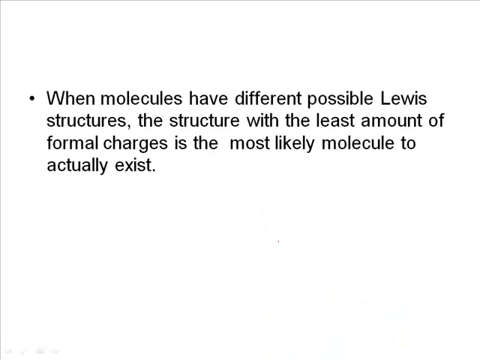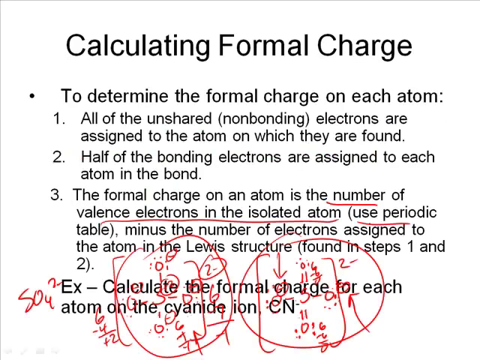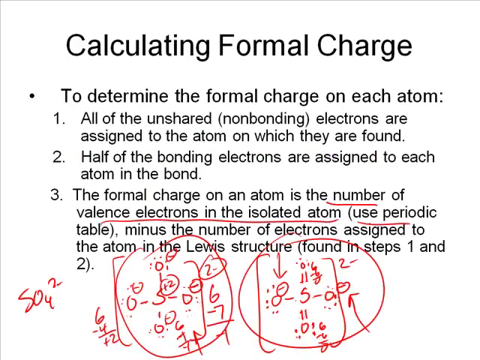Which one's the right one? The structure with the least amount of formal charges is the molecule most likely to actually exist. So what they would do on the exam is they would give you those two structures for sulfate, and they would say, using principles of atomic structure, which of the following best describes the sulfate molecule?